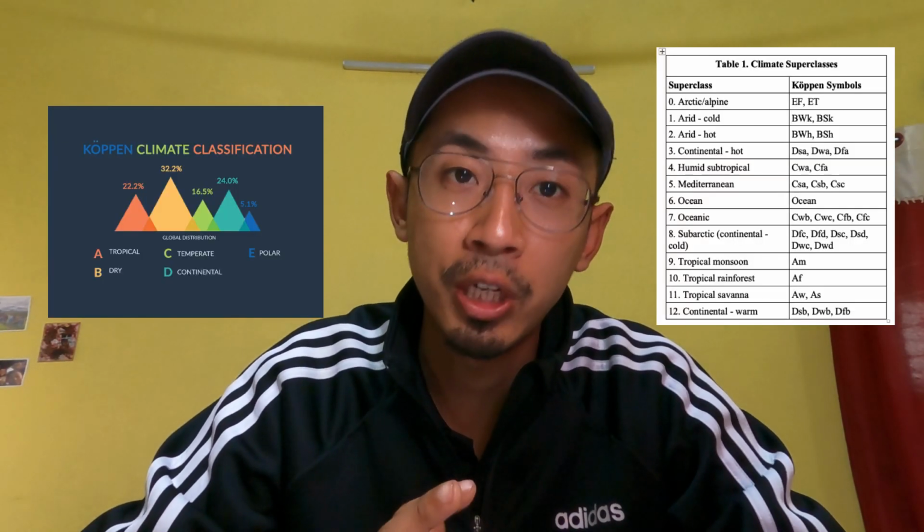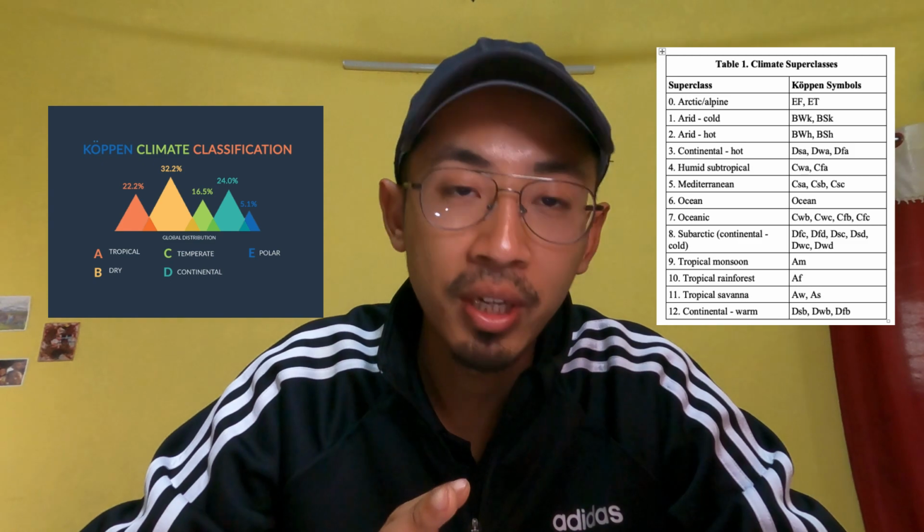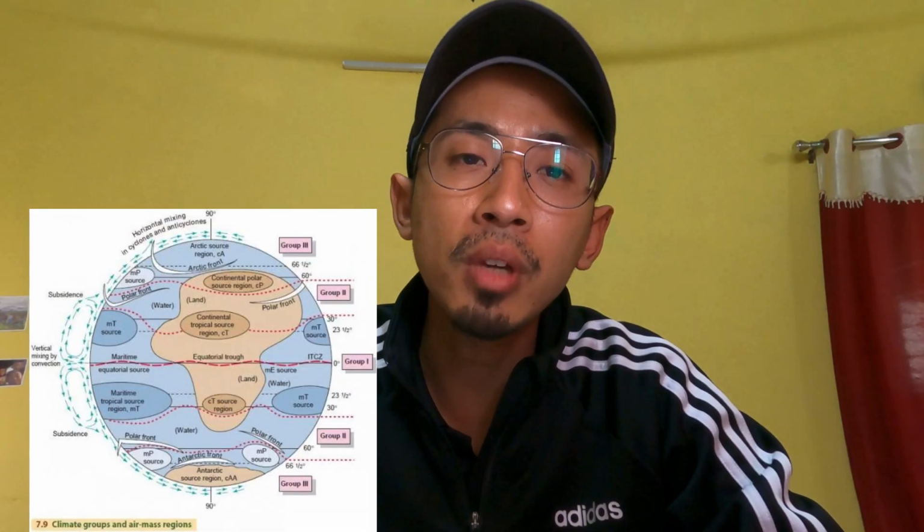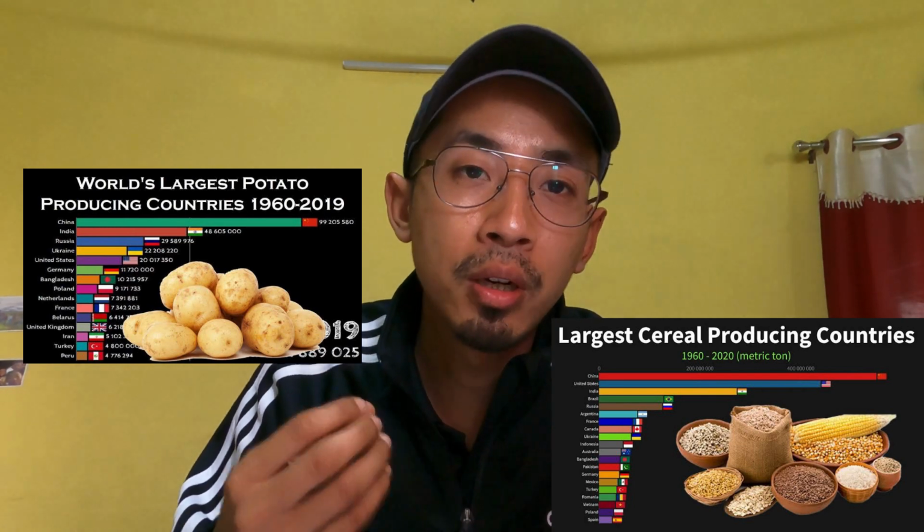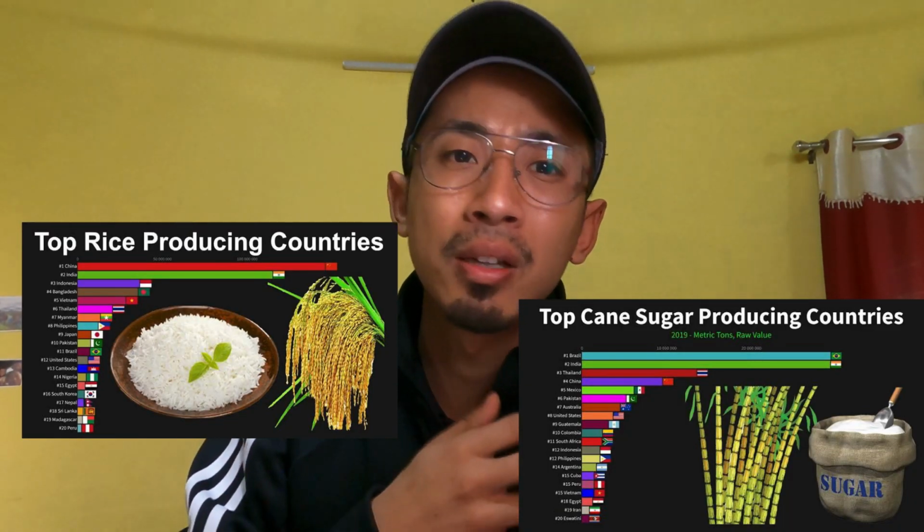You should also focus on the various climatic conditions, climate classification, and weather. You should also focus on ocean circulation and the oceanography parts. Another important thing when it comes to world geography is the largest producing country in the world, whether it be rice, jute, sugarcane, anything.